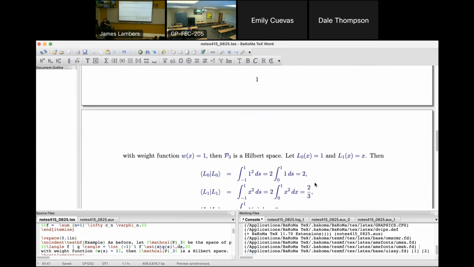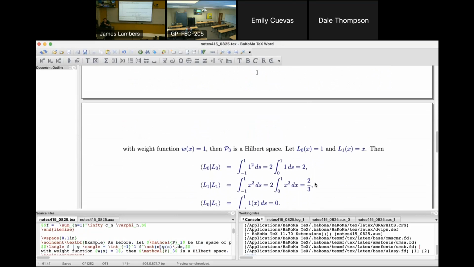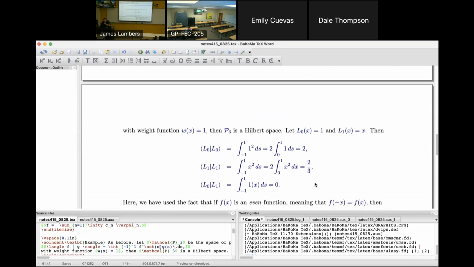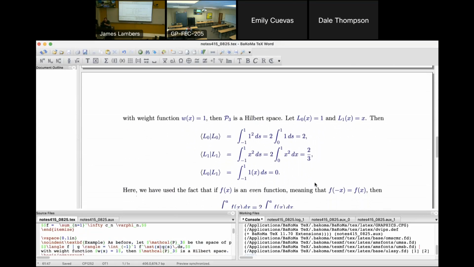And then, so here's some examples of inner products. We're not using a weight function, it's just one. So here I'm defining polynomials, L0 is equal to 1, L1 is equal to x. So here I'm taking scalar products of these functions.